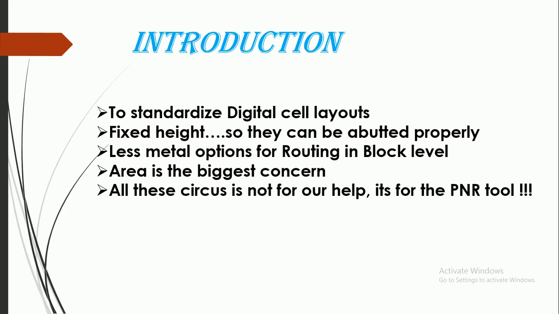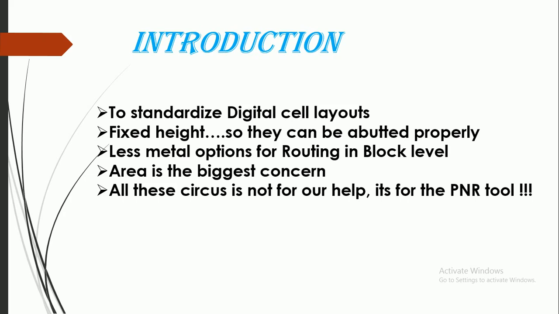Yes, and at block level fewer metal options will be given for routing, and the biggest issue will be the area. The area should be minimized. That's the first thing any project manager or project lead will tell you.